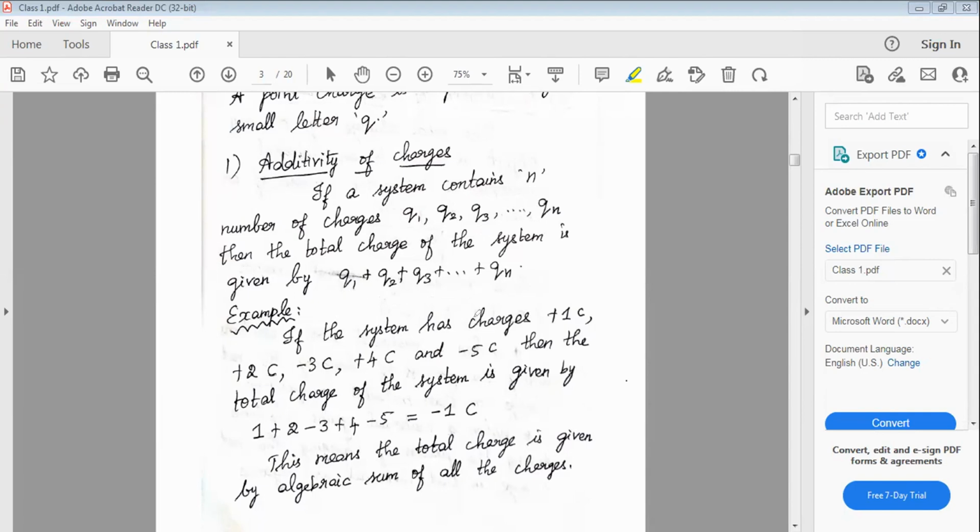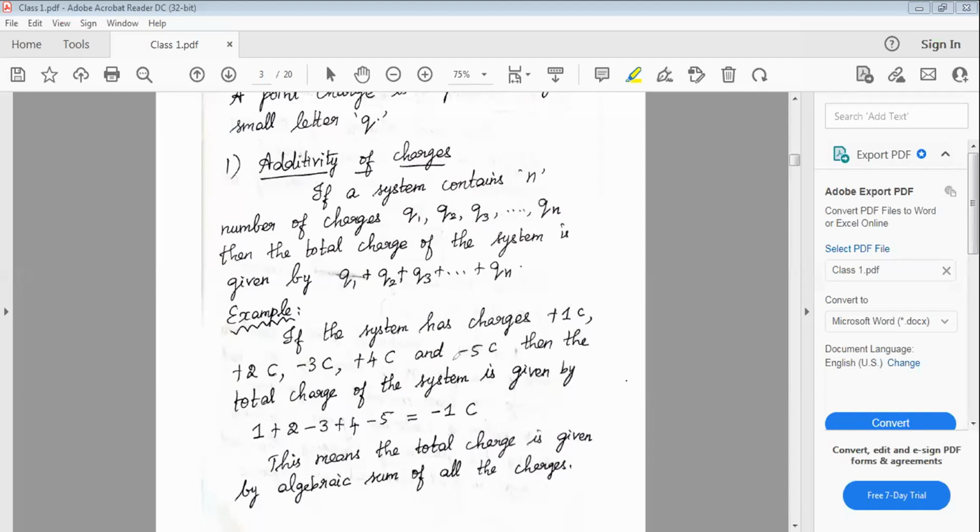Here I have given you an example. You can see 1 coulomb, 2 coulomb, 3 coulomb and 4 coulomb. These charges have different signs: 1 coulomb is positive, 2 coulomb is positive, 3 coulomb is negative and 4 coulomb is positive. So the total charge of the system is 1 plus 2 minus 3 plus 4, and minus 5 as well.